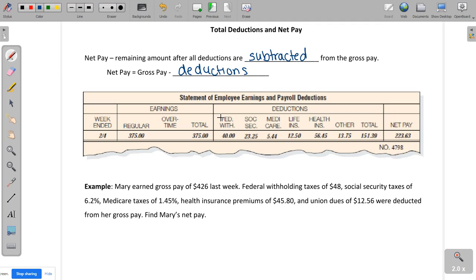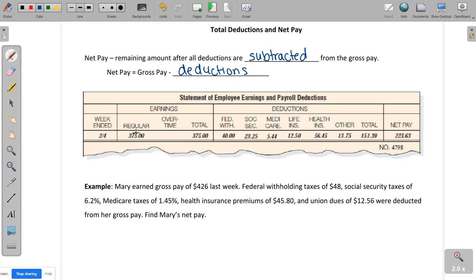So we have a federal withholding tax, Social Security, Medicare, life insurance, health insurance, any other taxes they take out. And then the total amount of all the deductions. So we're adding all of these deductions together. And then we subtract the total of the deductions from the gross pay to get our net pay.